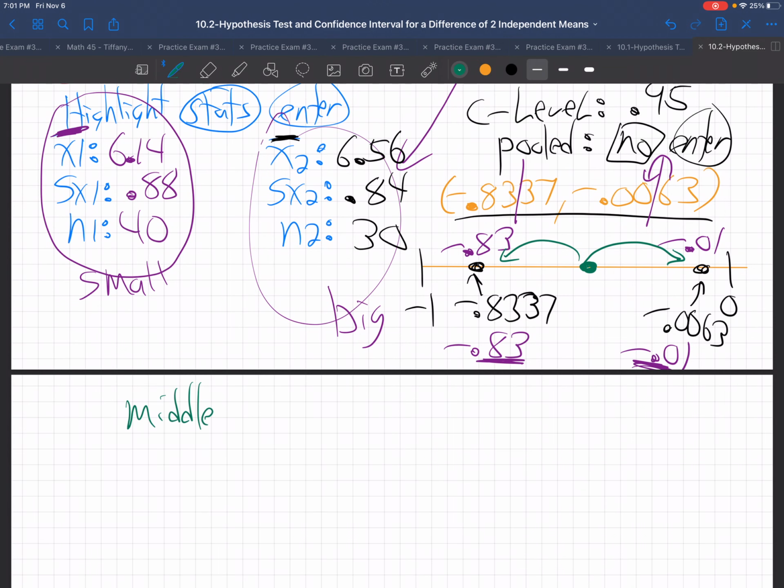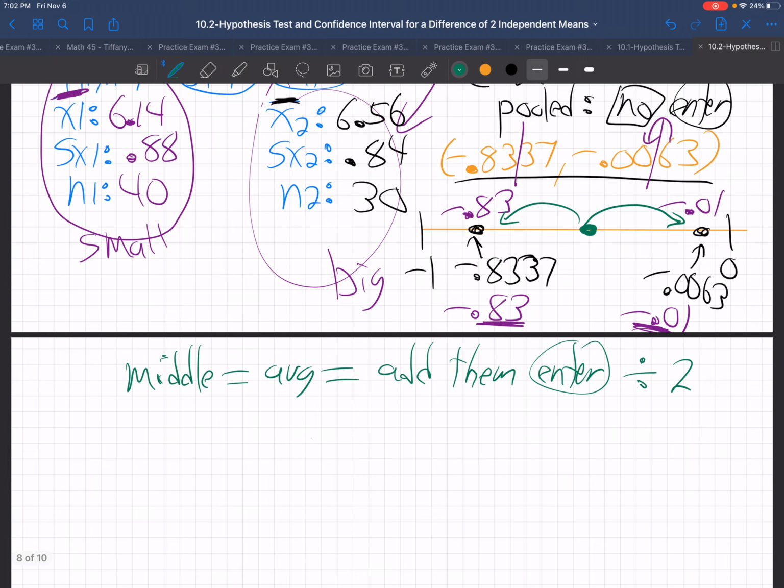The middle, that's the average, right? You add them and divide by 2. So add them, hit equals. Add them, hit enter, and then divide by 2.